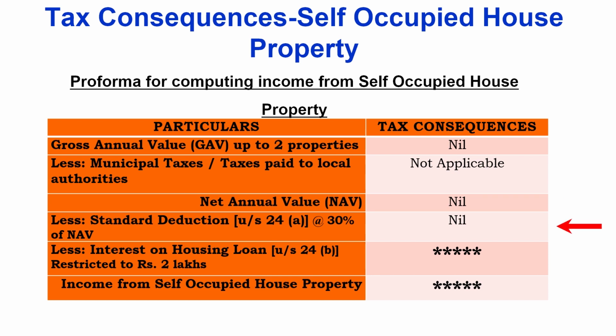Now standard deduction under section 24 subsection A is applicable at 30%. 30% of nil, that is 0. Now let's see interest on housing loan, that is under section 24 subsection B. It is restricted to 2 lakhs. So income from self-occupied house property will be found over here.